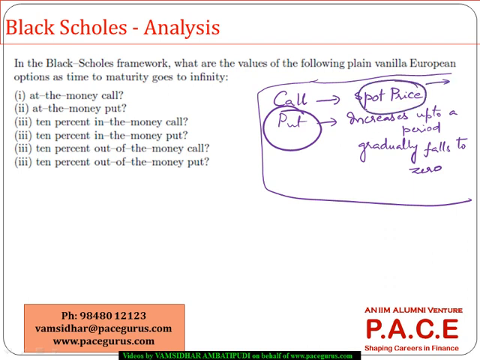But in case of a put, it increases only up to a certain period. And after that, I see that the price of the put is gradually going down and finally touching 0 as the time to maturity is going closer to infinite. Alright, this is an excellent understanding that we can get of the behaviors of the call and put with respect to time to maturity.